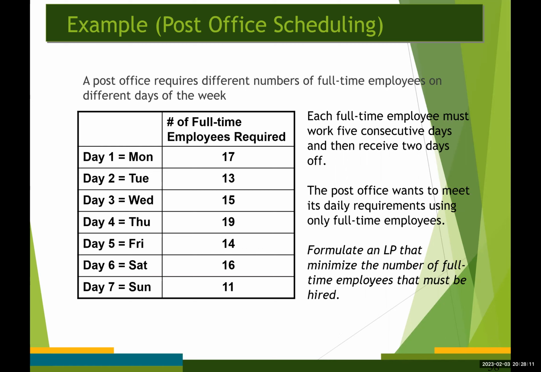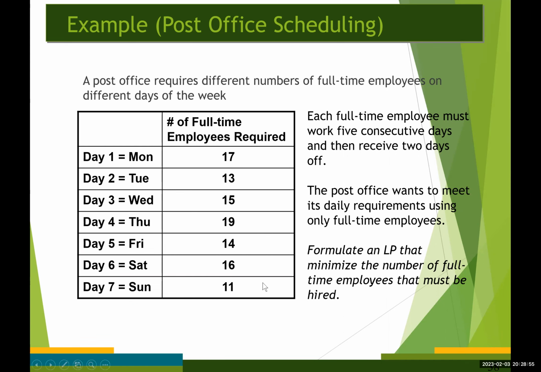So for example, if an employee starts work on Sunday, then he or she must work from Sunday through Thursday, right? Sunday, Monday, Tuesday, Wednesday, and Thursday. Those are the 5 consecutive days, right? And then must be off on Friday and Saturday, okay? And you are required to formulate an LP model that the post office can use to minimize the total number of full-time employees, while at the same time meeting the daily requirements of these numbers, right?